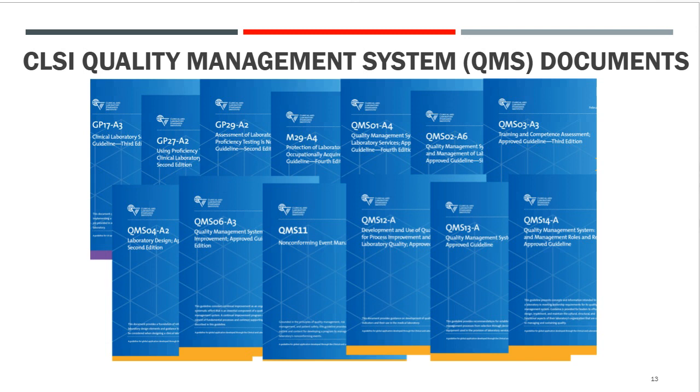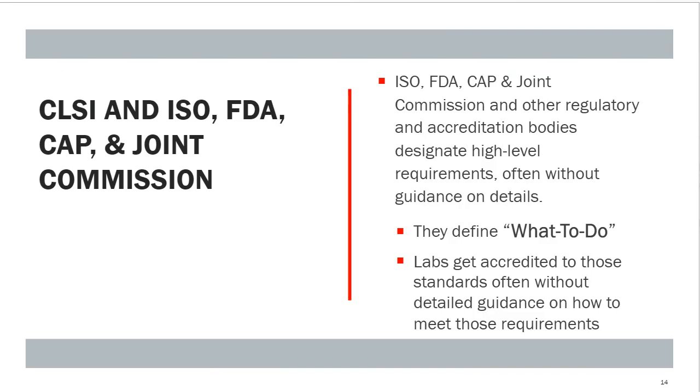And we distinguish that from other requirements that come from places like ISO, FDA, CAP, Joint Commission, regulatory and accreditation places. They designate the high-level requirement, but often do so without giving guidance on the details of how to do it. These organizations tend to define what to do.